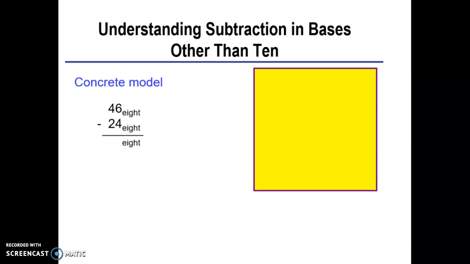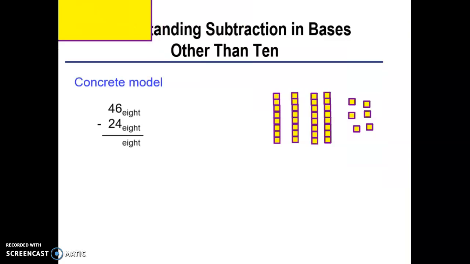All right, let's move to base 8. So in base 8, how many tinies does it take to make a long? It takes 8, right? You can see my 8 tinies put together right there to make a long. I've got 46, and I'm going to remove 24. So starting in the ones place, I'm going to remove 4: 1, 2, 3, 4.